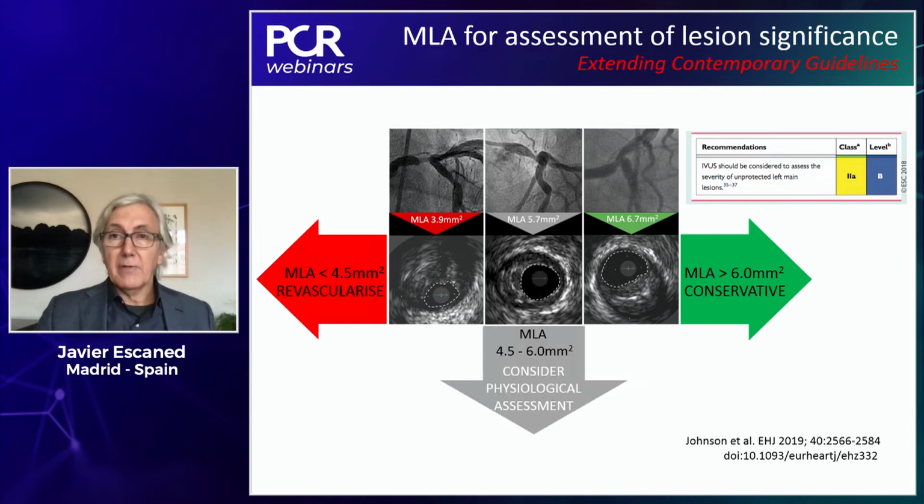And if the minimal luminal area is between these two values, then probably you should try to fine-tune the measurements using also physiology. I like very much this approach because it's very complementary to the broader recommendation that the clinical practice guidelines on myocardial revascularization made on the use of IVUS in this scenario. I think that this is a very practical approach.